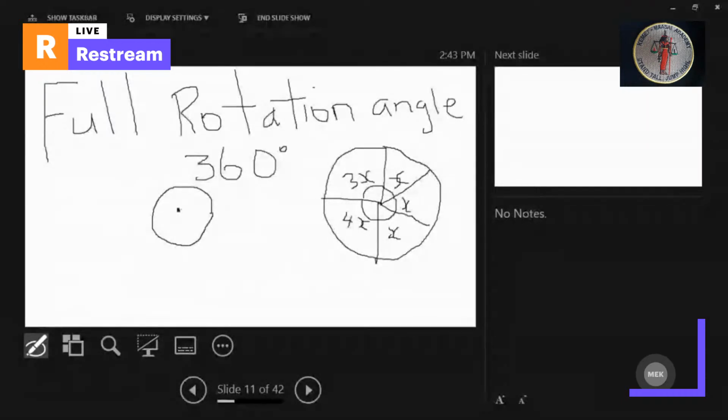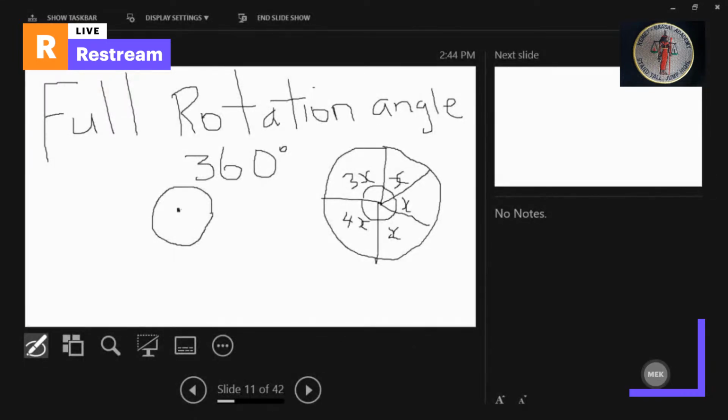Remember, we said all angles in a circle add up to what? All angles in a circle add up to 360 degrees. That's a full rotation. So look at those angles there. I've named the angles. I haven't given you any degrees, but I've named them for you. Three of them are x, so those 3 angles are the same.